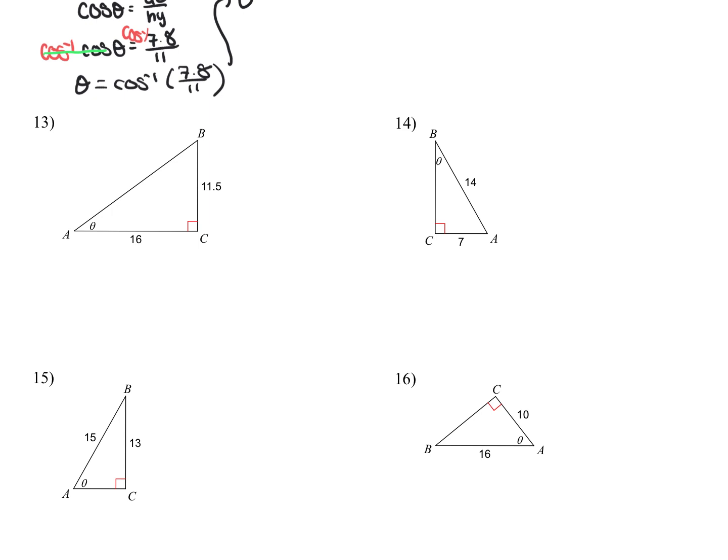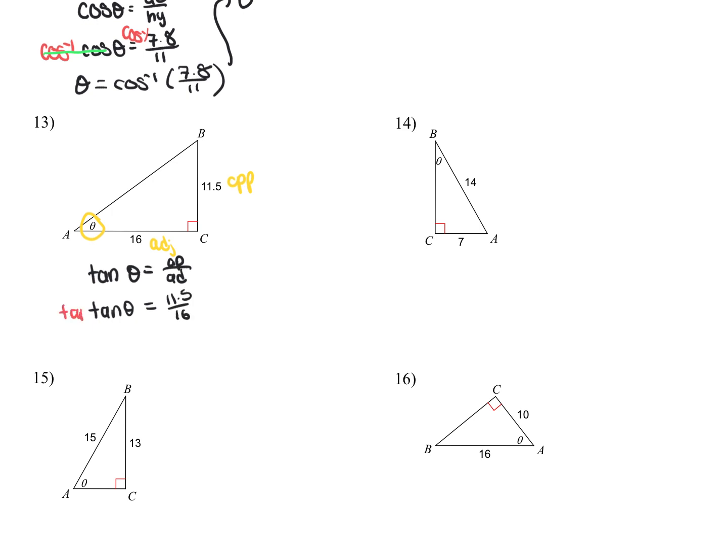Okay, on the next one, here's my angle. This is my adjacent, and this is my opposite. So tangent of theta equals the opposite over the adjacent. So tangent of theta equals 11.5 over 16.